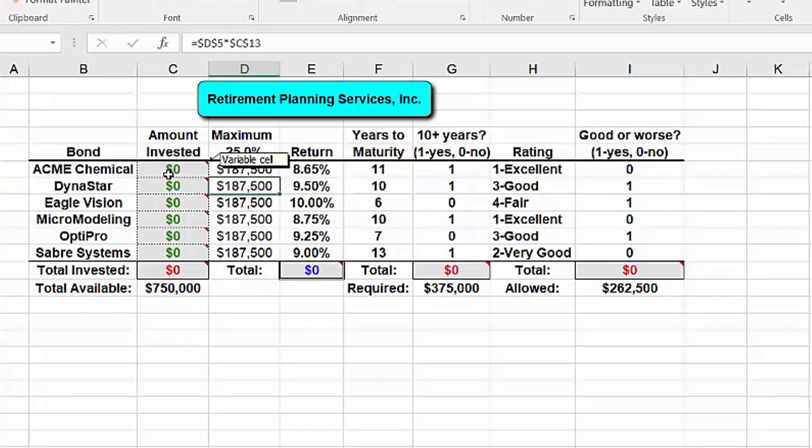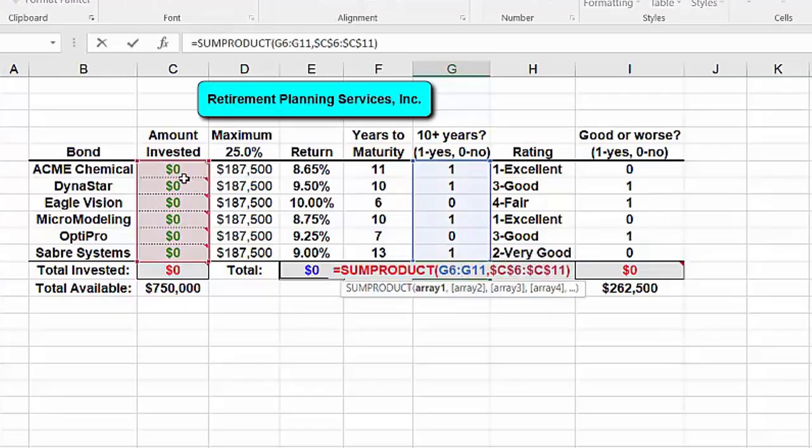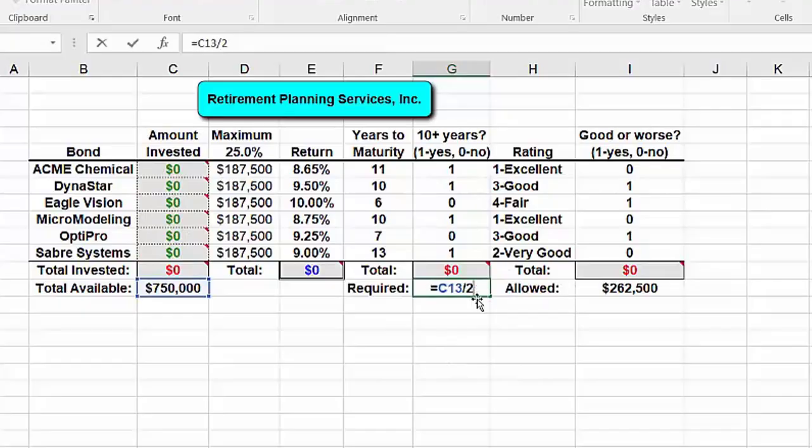So each of these investment options should be less than these values. Also, the assets that are considered long-term are presented in this column. If we multiply these values by these investment options, it should be at least half of the investment. So this is another constraint we have.